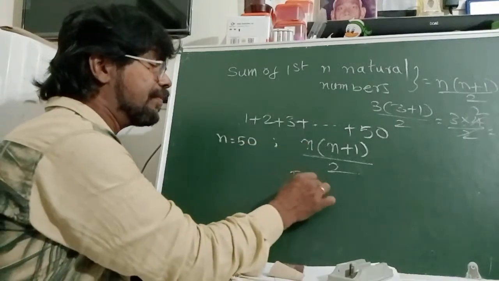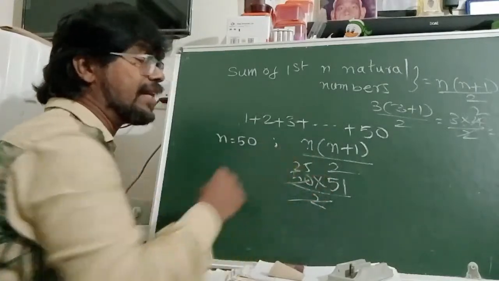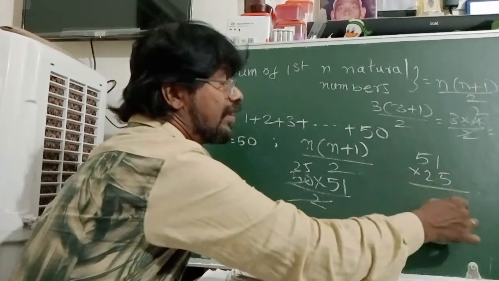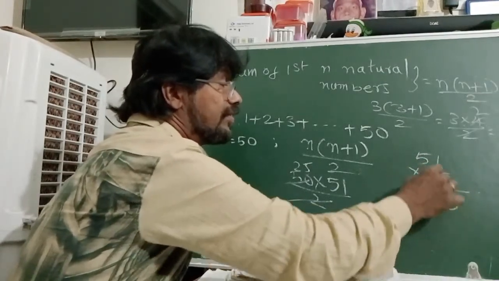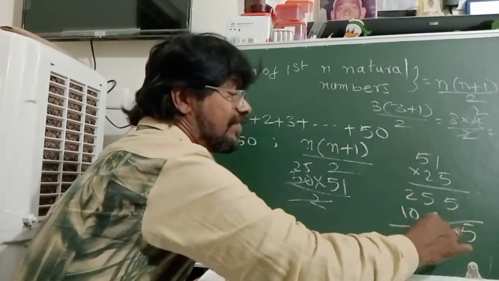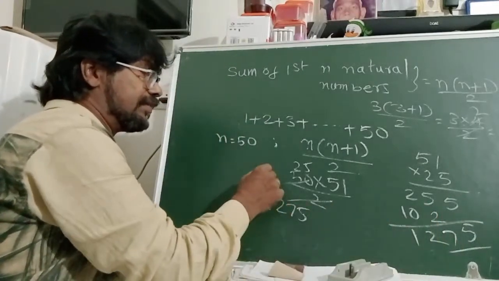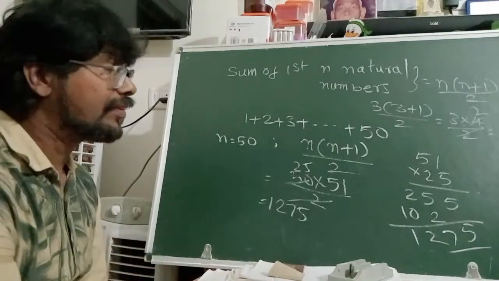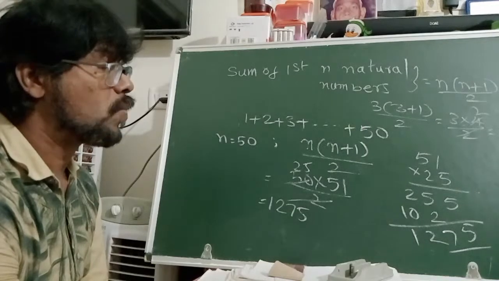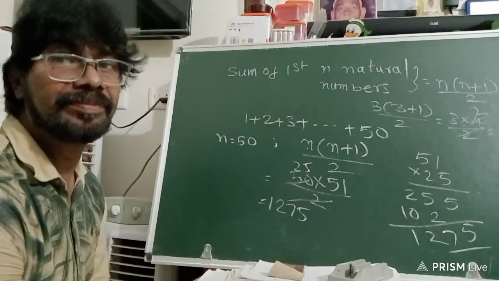So 50 into 51 by 2, this is 25 times 51, which is 1275. So 1275 is the answer. Okay. Understand?